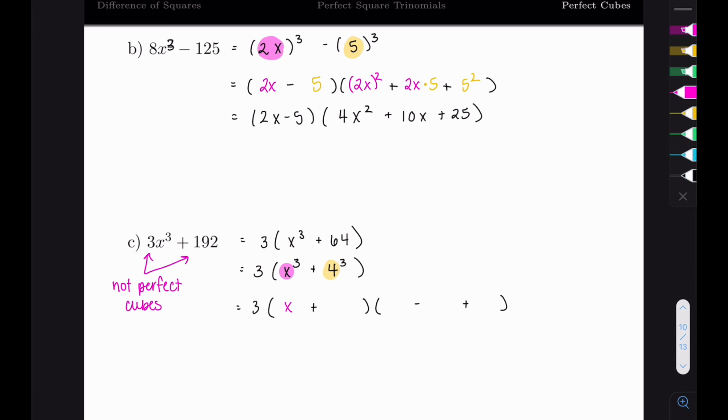So our front spots are x and x squared. Our last spots are 4 and 4 squared. And then that middle is we do 4 times x. And so cleaning that up, we have 3 times x plus 4, x squared minus 4x, and then plus 16 at the end.